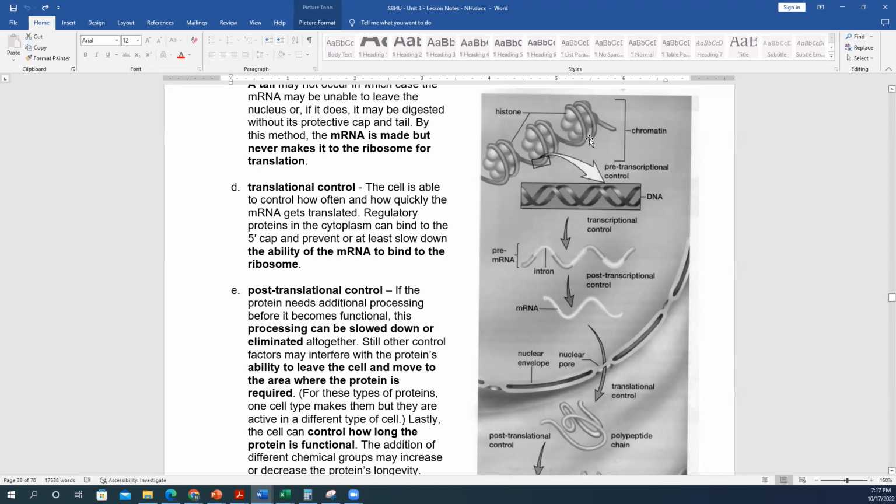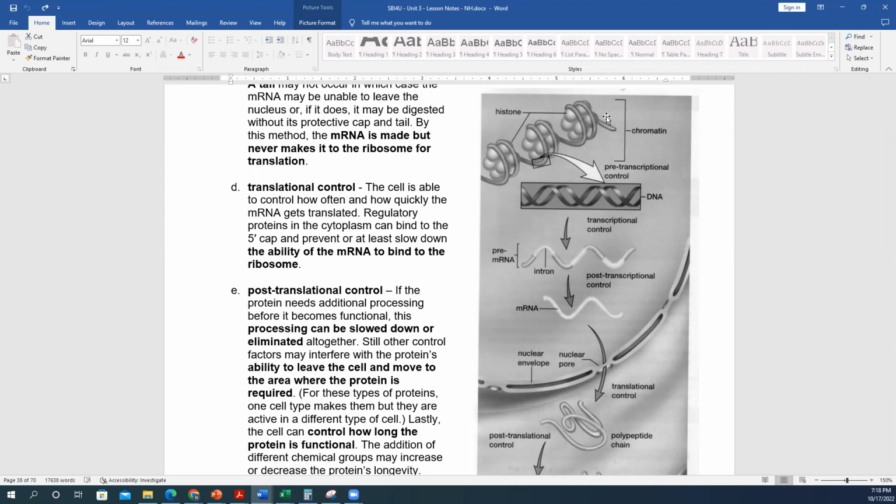And because DNA is actually quite highly folded and condensed, in some areas it's wrapped tightly around proteins called histones and forms the structure chromatin. When wrapped tight around histones, these very condensed regions are generally not very accessible to the transcription enzymes.